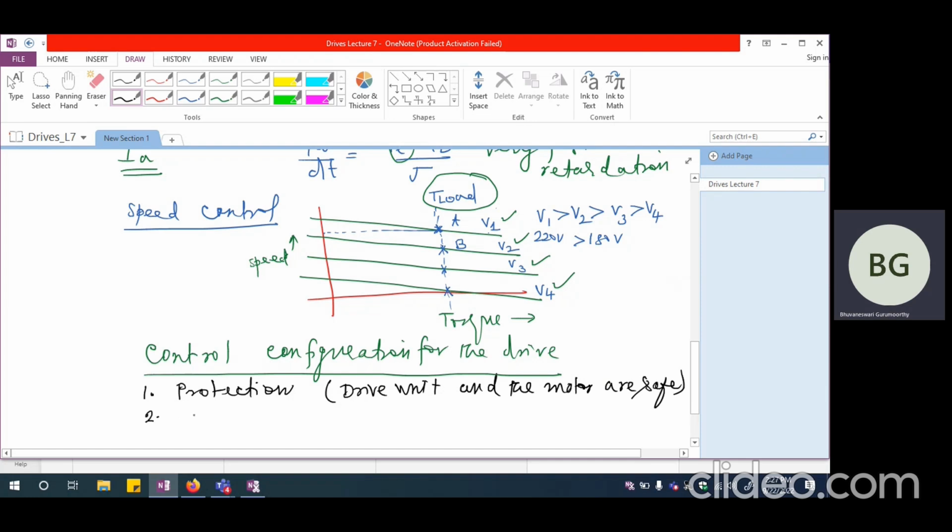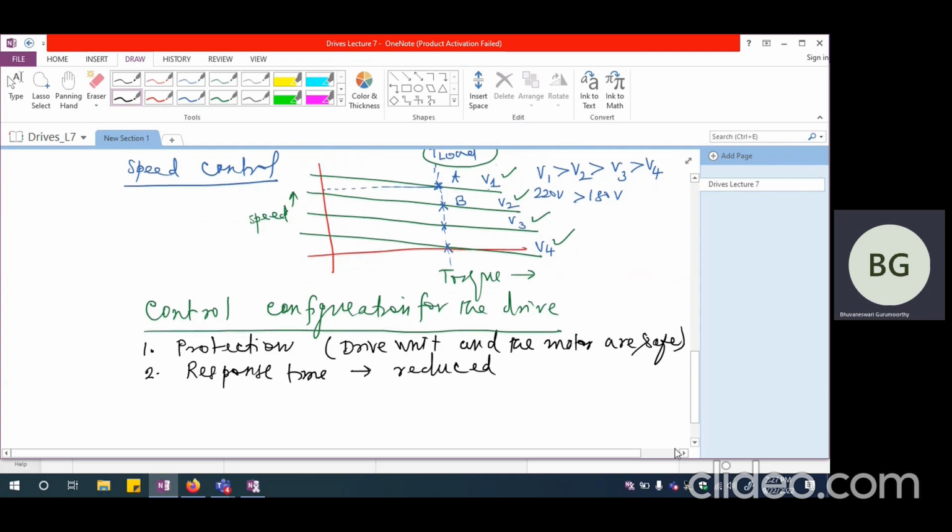The second one is that the response time has to be as minimum as possible. So response time needs to be reduced. If we can get a very quick response without jeopardizing the safety of the drive, then that is definitely one more thing we need to achieve.